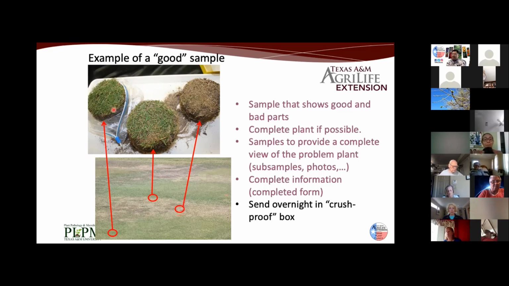A sample from the healthy area will allow us to see if there's any evidence of the pathogens that were found in the other two. Because if we do see them here, usually at low levels, we can inform the submitter that when they treat it, they would have to treat even the healthy areas, because we have evidence that the culprit is also found in the healthy area, perhaps not at the level to cause damage yet.